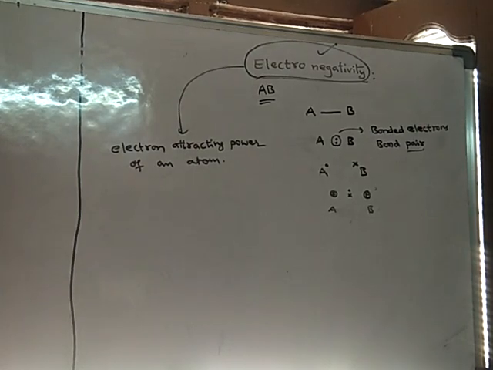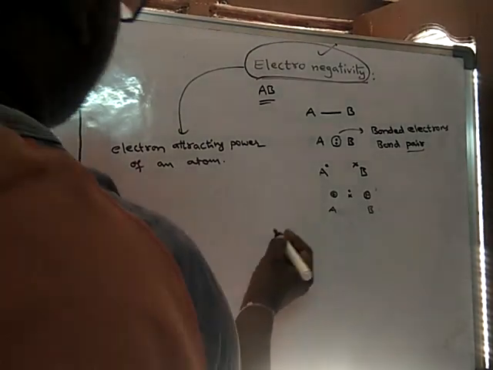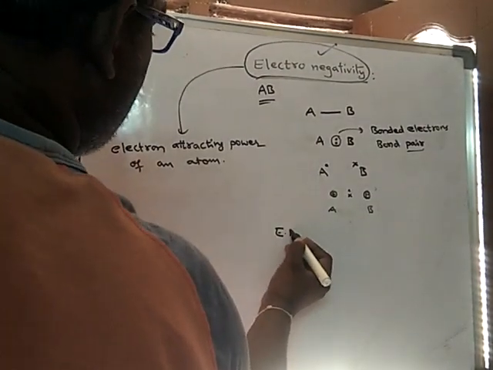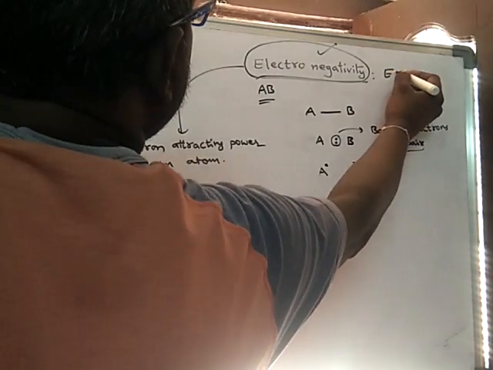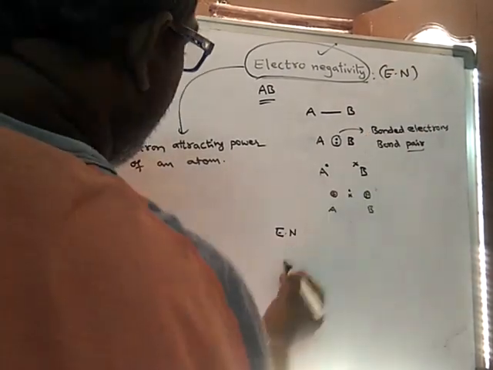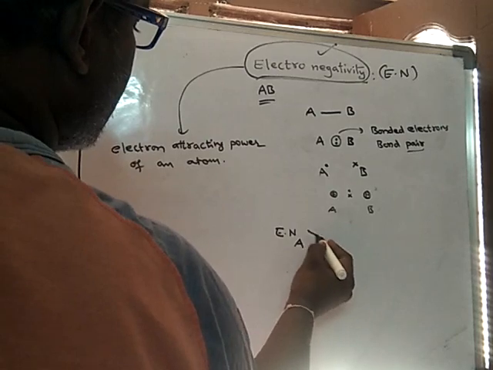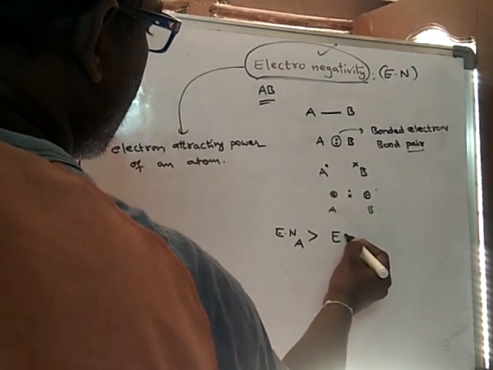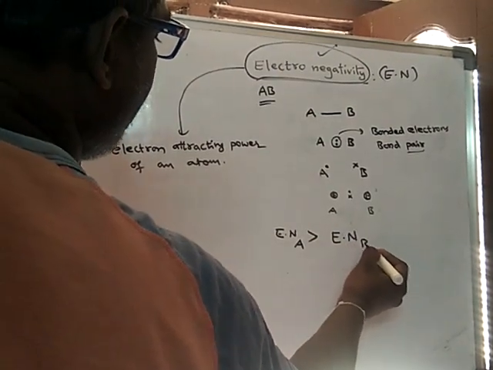Suppose electronegativity, simply I'll write EN. If the electronegativity of A is greater than the electronegativity of B, what happens?